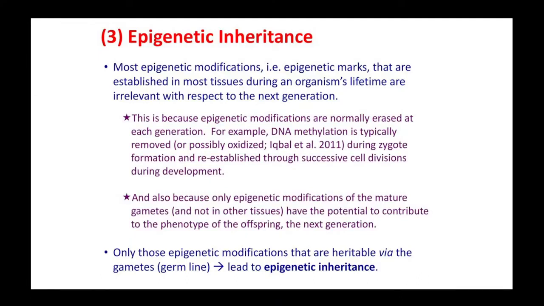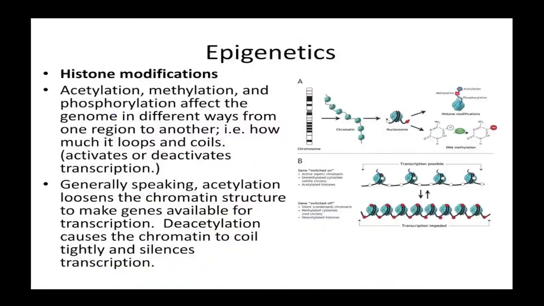Also, only epigenetic modifications in the gametes, and not in other tissues, have the potential to contribute to the phenotype of the offspring, the next generation. Only those epigenetic modifications which are heritable via the gamete germlines lead to epigenetic inheritance.